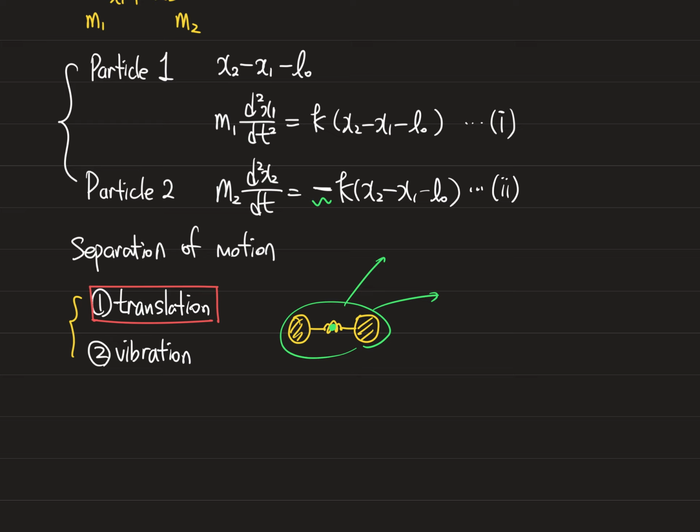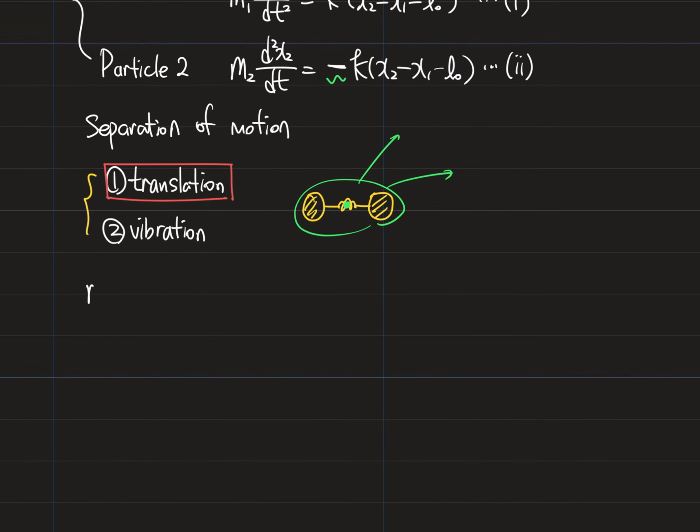If we add up these two equations, then the right-hand side will disappear. And the mass is a simple constant, so we can put this constant into the differential operator.